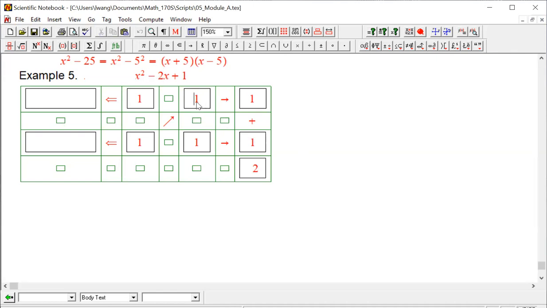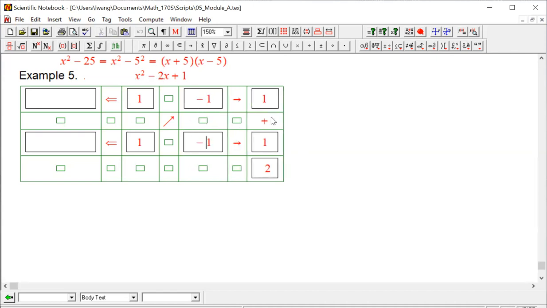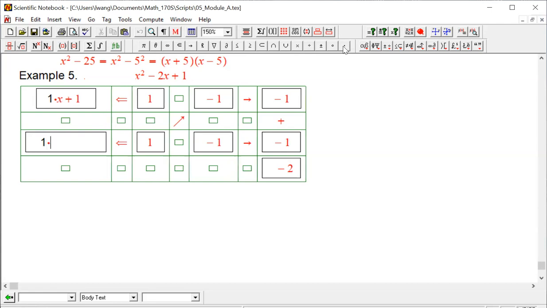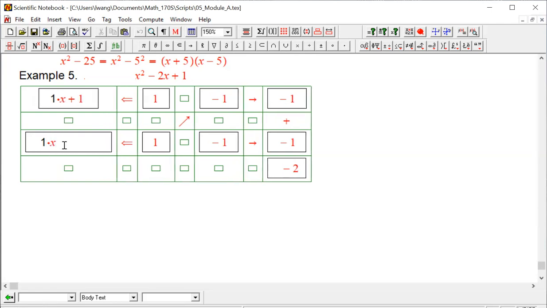But if we put this as negative 1, negative 1, then 1 times negative 1 is negative 1, and 1 times negative 1 is negative 1. So this is a negative 2. So finally, we made the match, a perfect match. And then we get 1 times x plus 1, and the other factor, 1 times x plus 1.